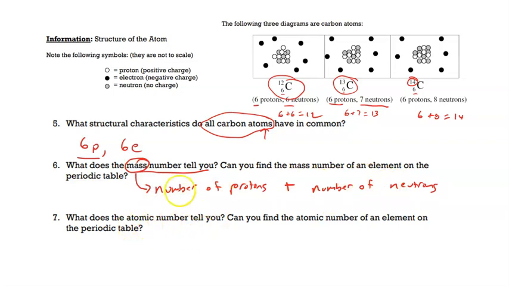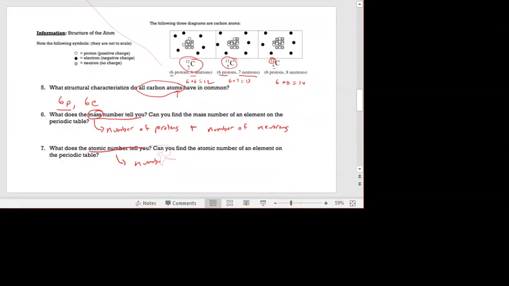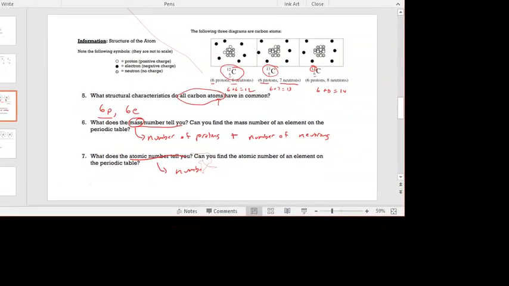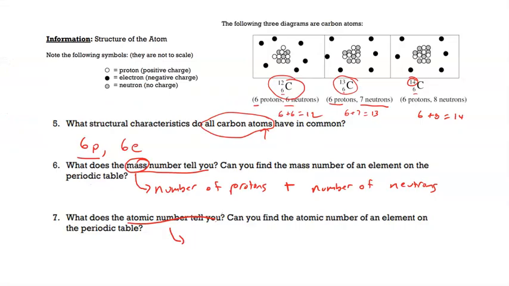The atomic number, that bottom number, is just the number of protons only, right?